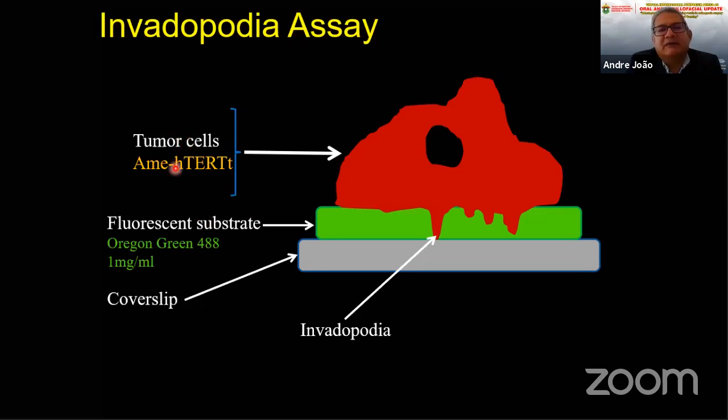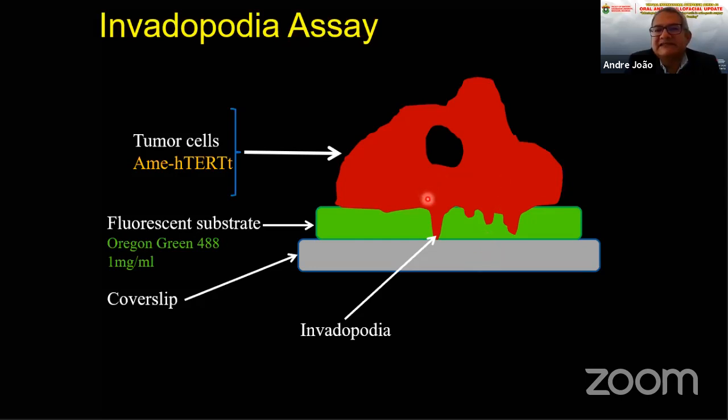Look, we put the cells, a cell line from ameloblastoma, on the fluorescent substrate. It's a fluorescent substrate with gelatin, with Alexa 48 fluorochrome, above the coverslip.